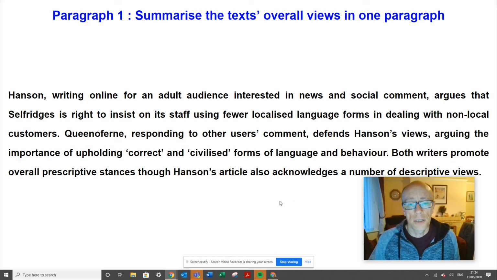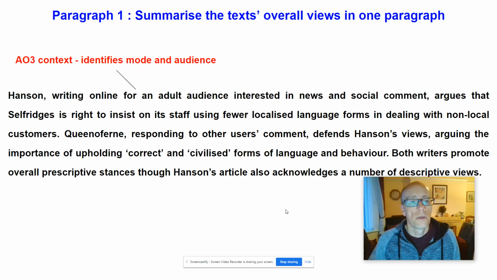That's a nice opening paragraph, because it gives the sense that you, the student, have got an overview of the articles before you get down to the nitty-gritty of the detail. Look at how you've got AO3 context, because it mentions the mode and the audience. In this case, it's writing online for an adult audience.